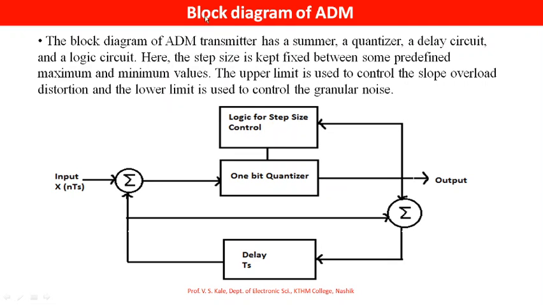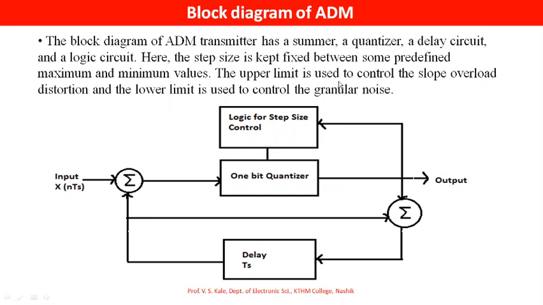Let us see the block diagram of adaptive delta modulation. The block diagram of the adaptive delta modulation transmitter has a summer, a quantizer, and a delay circuit, and one more is a logic circuit. Here the step size is kept between some predefined maximum and minimum values.